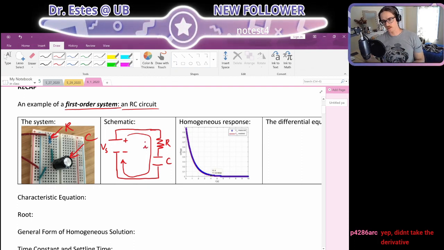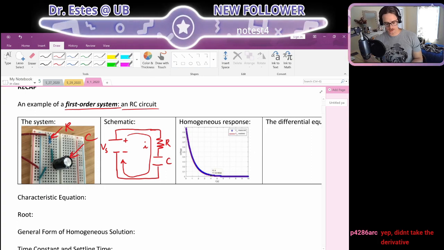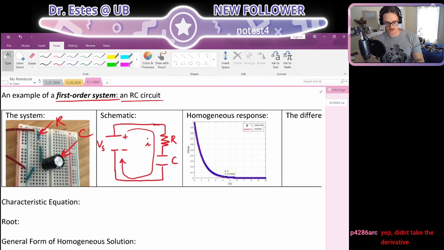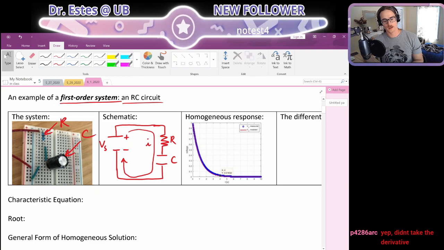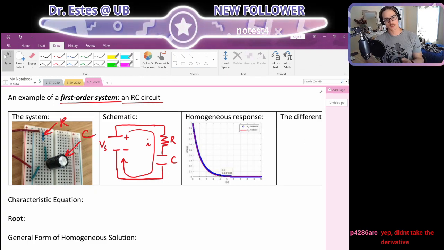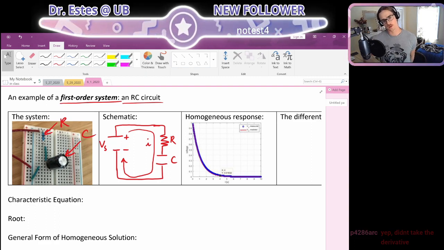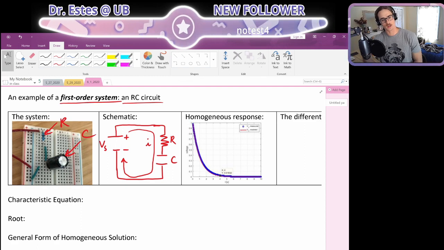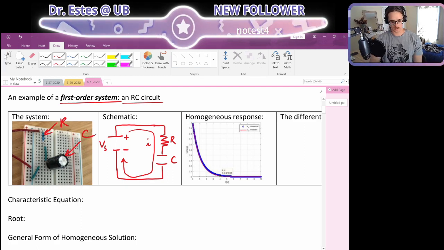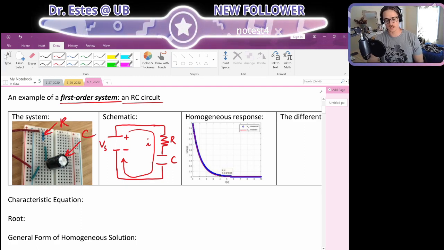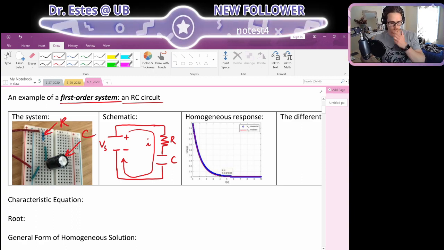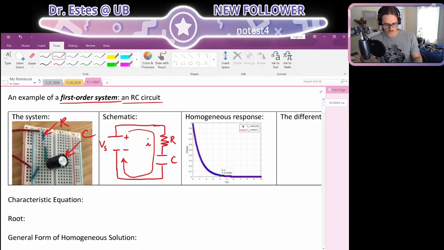And from homework 1, it looks like most everybody has a very good understanding of how we do some basic loop rules. Check your homework, see the comments that I put on it. There were a couple of us who mixed up the voltage drops on these. So make sure you figure that out.